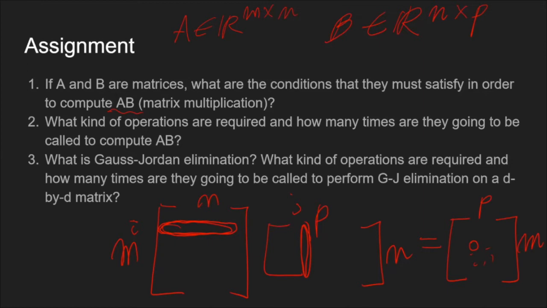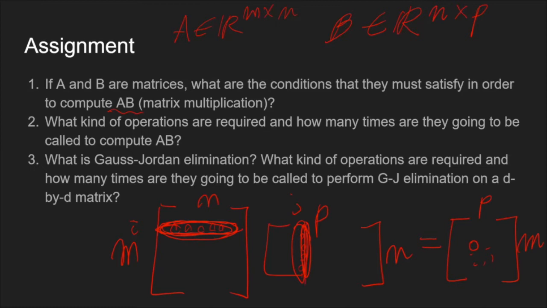And when you multiply this ith row with the jth column, if you think about it, we have a total of n elements. You agree? So we have n elements on the row of the first matrix, and we have n elements on the column of the second matrix.